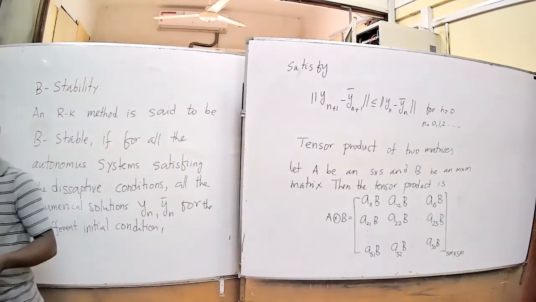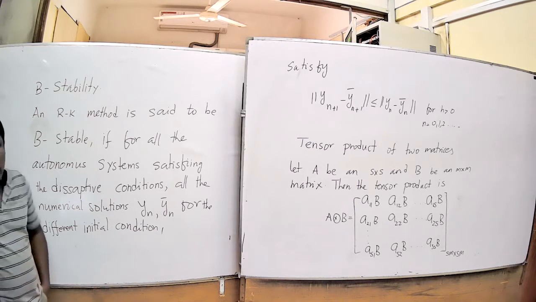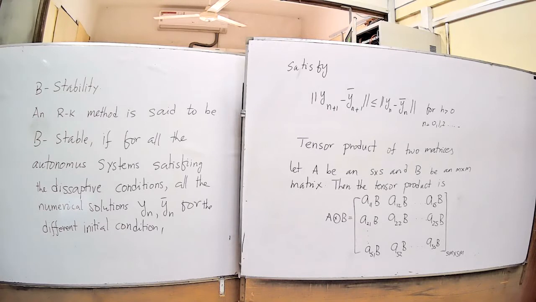Okay, so this is how we define the tensor product of these two matrices A and B. Here A and B are of two different sizes, right? So A is an S cross S matrix and B is an M cross N matrix. When you define the tensor product, that is different from the regular product, so A dot B is different.